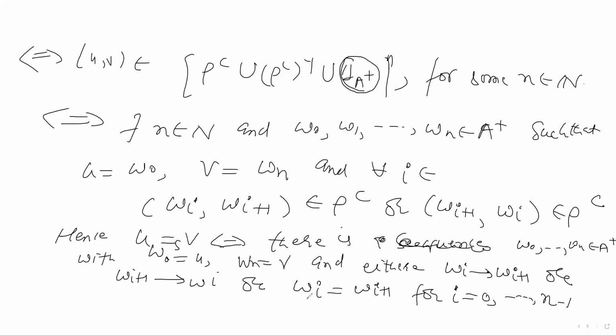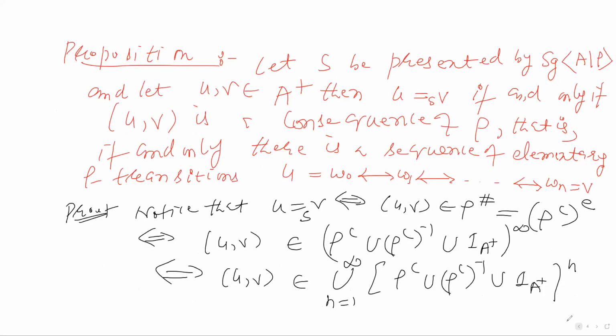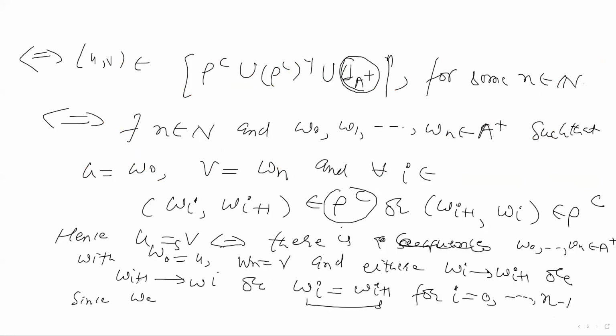Now, if this situation happens, then we can shorten the sequence. If you have two consecutive steps where wi is same as wi+1, you can just reduce the length of the sequence and you get a sequence. I think we have done this when we were studying the characterization of ρ sharp, but I am doing it here.